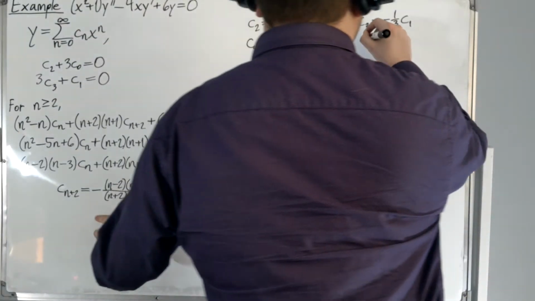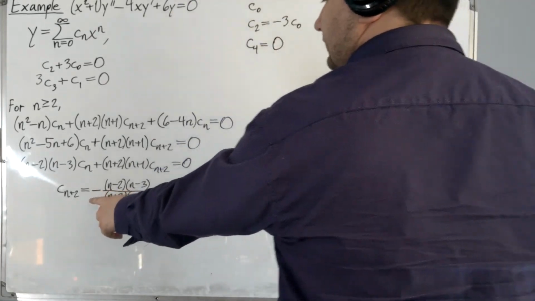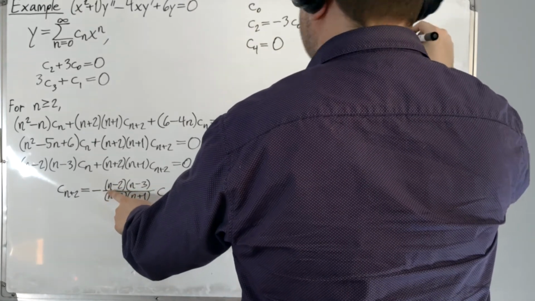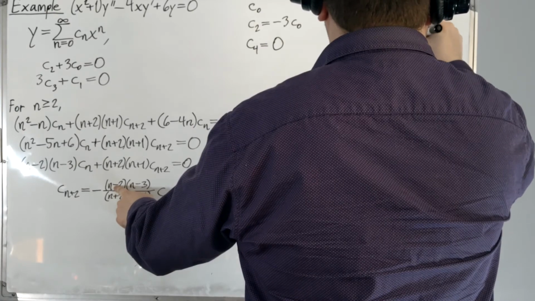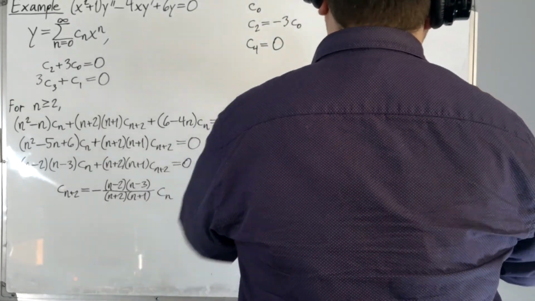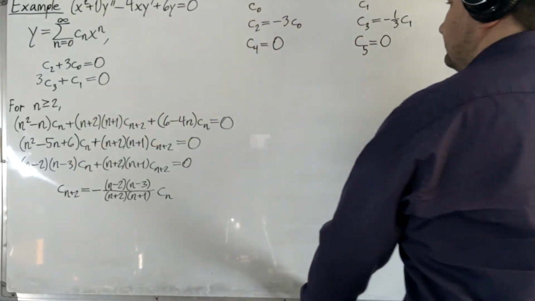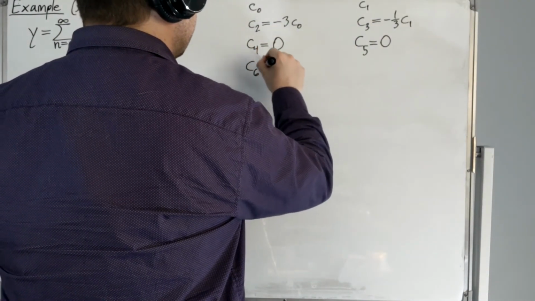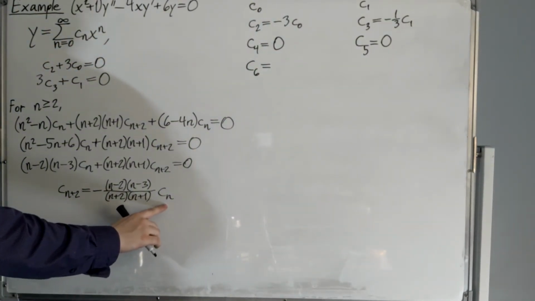Then C5 is going to be when n is 3. So this is negative 1 times 0 times some more stuff. But of course, since you have a 0 in there, this whole thing is just going to be 0. C6, according to our recurrence relation, that's going to be something times C4.